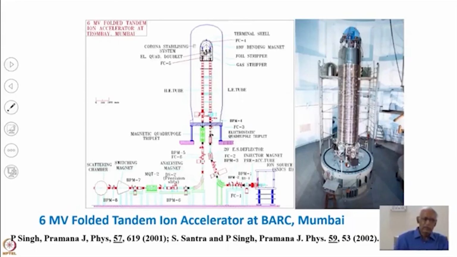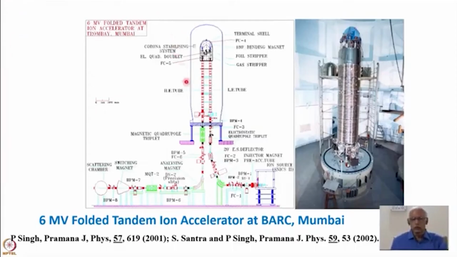As an example, I will describe the method which was used to determine the energy of the ion beams in an accelerator facility at BARC, which is a 6 million volt folded tandem ion accelerator.